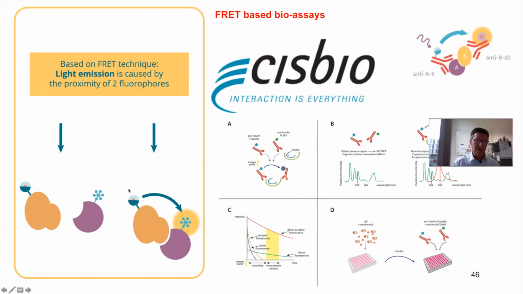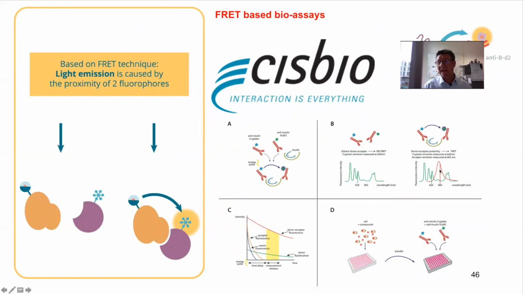They have all kinds of ways to show interaction between proteins, antibody-antigen interactions on a certain system, emission that changes, and you can basically correlate it to two wavelengths. One goes up and one goes down, and that tells you about the FRET process. They also do it time resolved, or they recommend to do it time resolved. That makes it easier because of background fluorescence of your biomaterial, and they can also do it in these microtiter plates, in these wells.